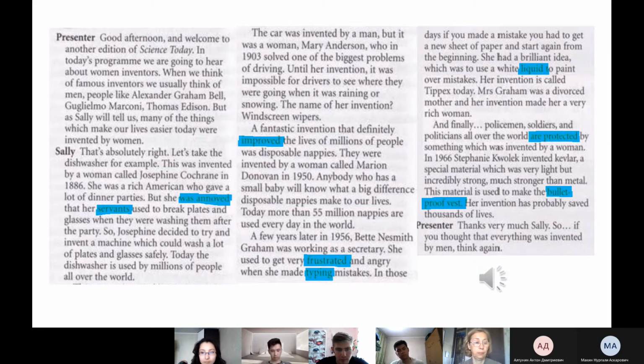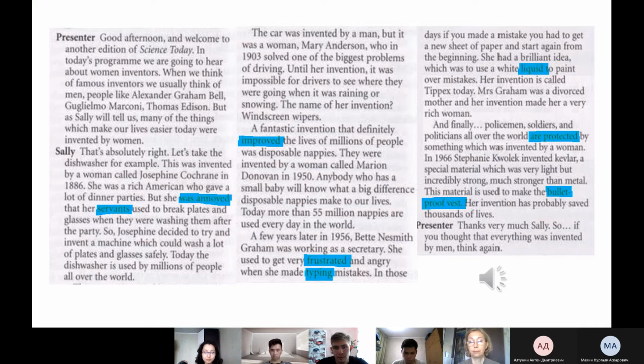A few years later, in 1956, Betty Nesmith Graham was working as a secretary. She used to get very frustrated and angry when she made typing mistakes. In those days, if you made a mistake, you had to get a new sheet of paper and start again from the beginning. She had a brilliant idea, which was to use a white liquid to paint over mistakes. Her invention is called Tipp-Ex today. Mrs. Graham was a divorced mother, and her invention made her a very rich woman.